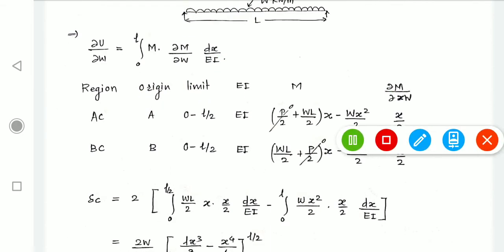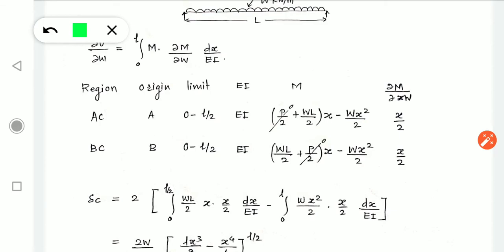Okay, done. What will be the partial differentiation with respect to W? That will be x/2. Understood? I hope you know how to do partial differentiation. Next, we will write it for the second region, which is B to C, and in this B to C region we are writing it for x distance.